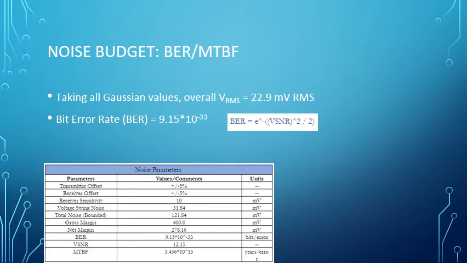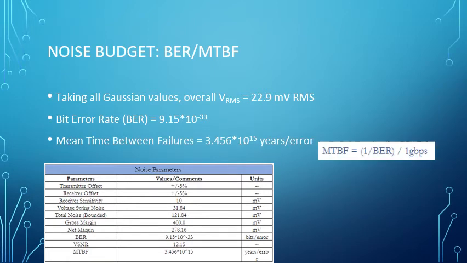This value can then be used another step further to calculate the mean time between failures, which is the inverse of the bit error rate over 1 gigabit per second, which gives us a final value of 3.456 times 10 to the 15 years per error.